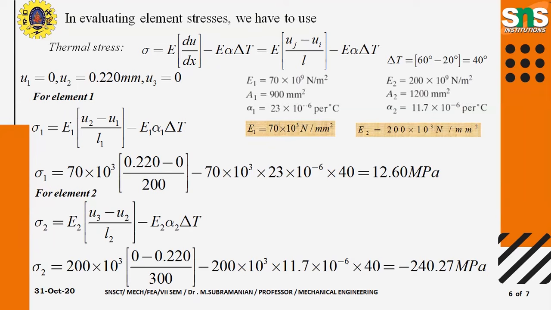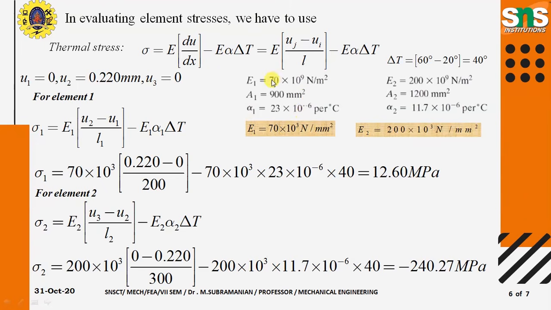The stress in each element can now be determined from the equation sigma as shown below. In evaluating element stress, we have to use the thermal stress: sigma equals Young's modulus times change in length divided by original length, minus Young's modulus times thermal coefficient alpha times temperature difference delta T. The delta T value is 60 minus 20, that is 40 degrees Celsius.